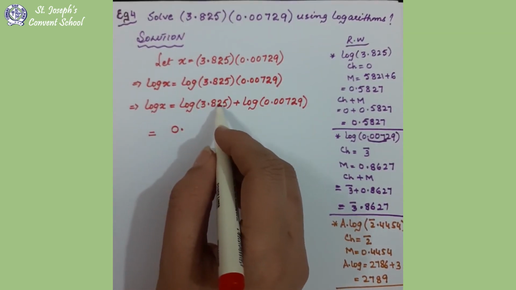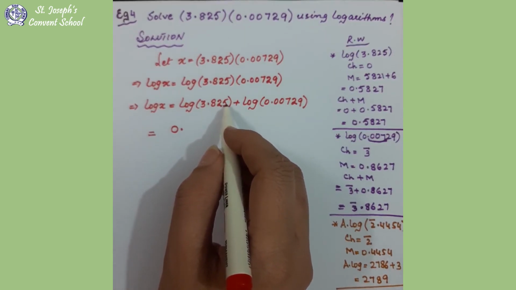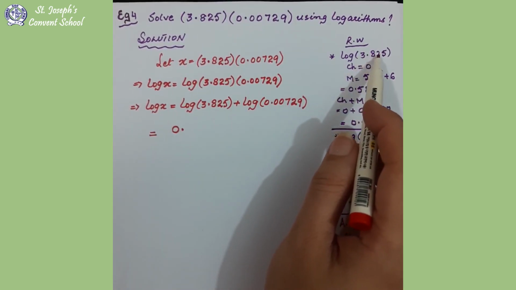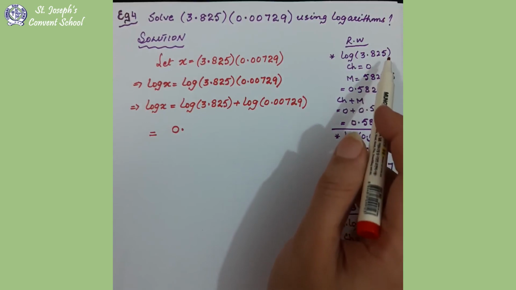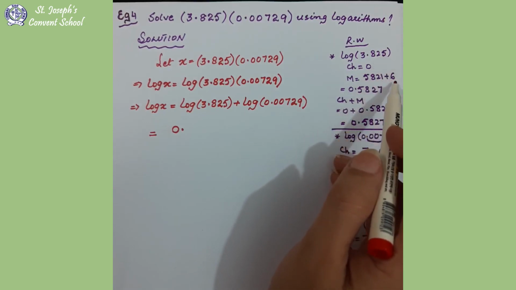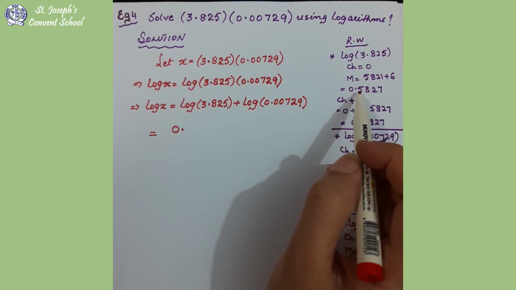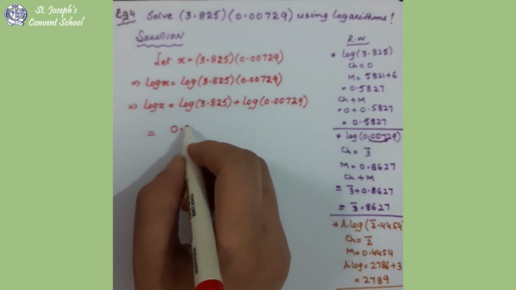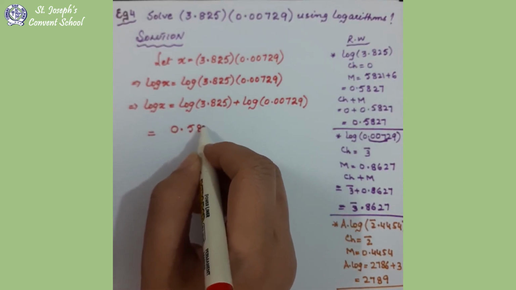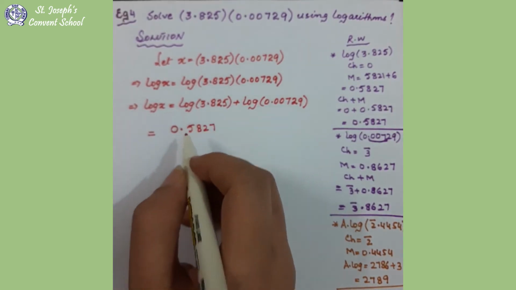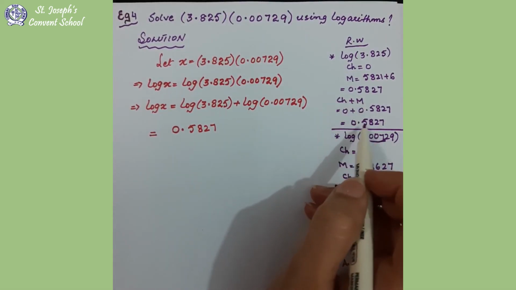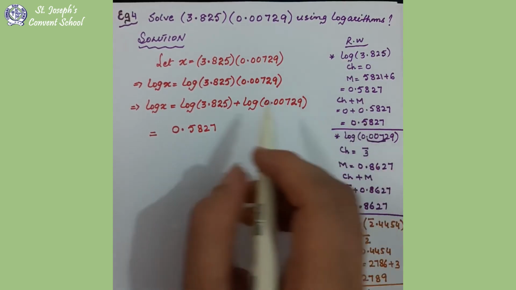You will check 38 in column 2, and mean difference column 5, then add both answers like this. 38 column 2 is 5821 and the mean difference column 5 value is 6, so you will add these two, you will get 0.5827. So you will write it here, 5827. Or you can solve it further, characteristic plus mantissa, after adding also you'll get the same answer 0.5827.